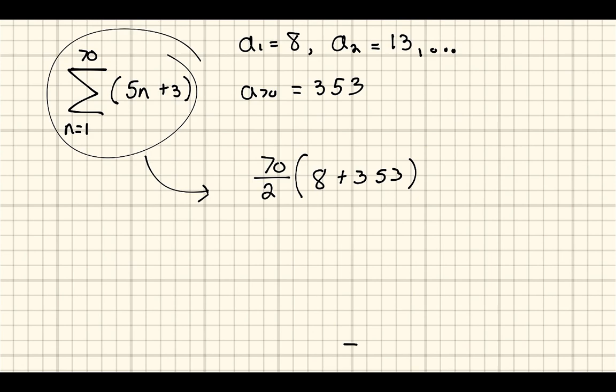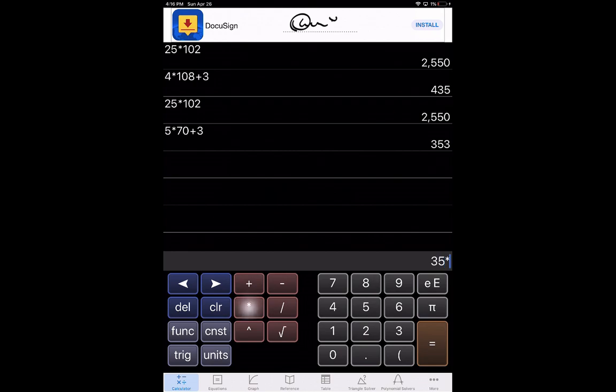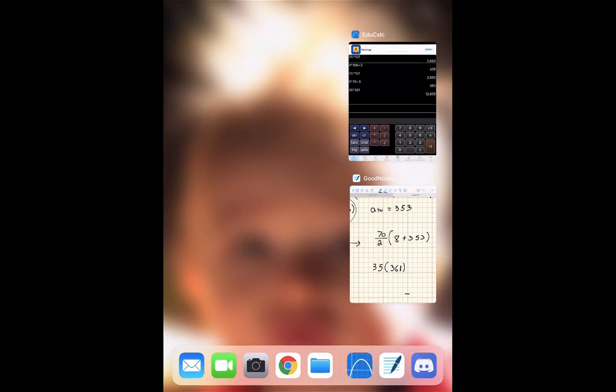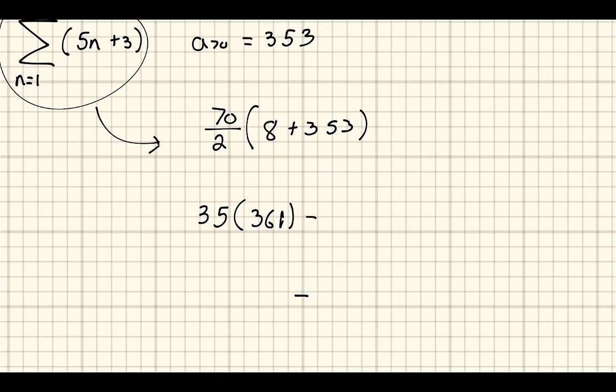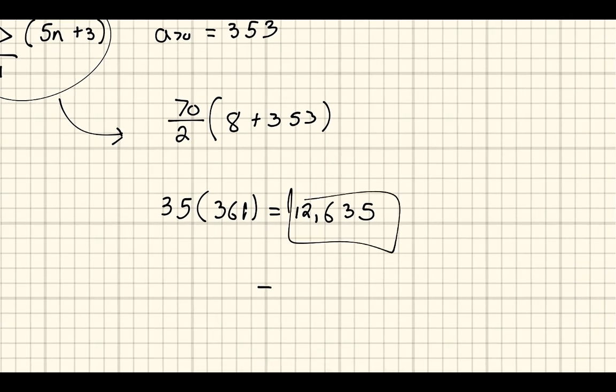So what is that? 35 times 361. And we get 12,635 for my answer. All right, so that is summation notation for that one.